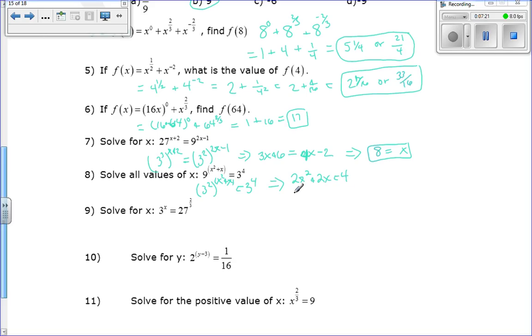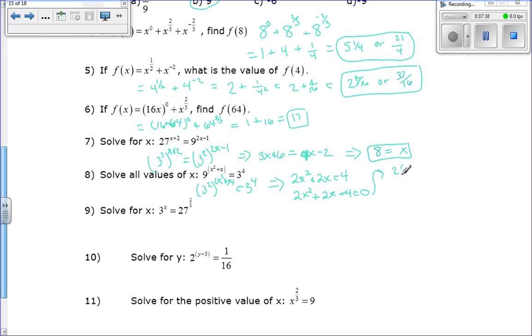Make it equal to 0. 2x squared plus 2x minus 4 equals 0. They all have a 2 in common, so you can factor out a 2.